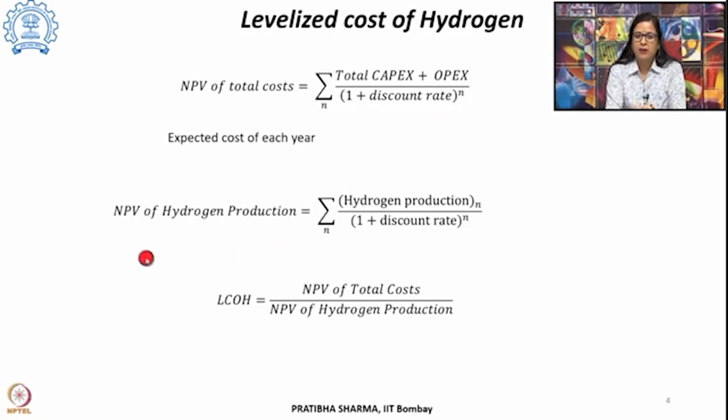And similarly, we can find out the net present value of the hydrogen being produced, and the ratio of the two, the net present value of the total cost to the net present value of the hydrogen production, will give us the levelized cost of hydrogen. So, these are some of the terms we should know before we look at the cost analysis of the hydrogen which is being produced through different production routes.